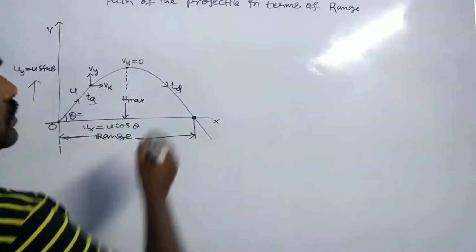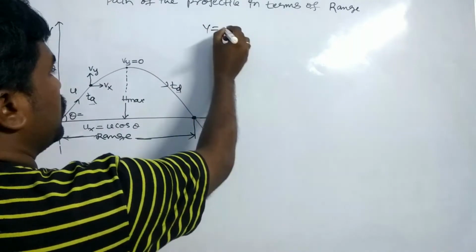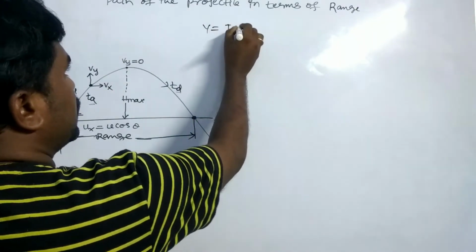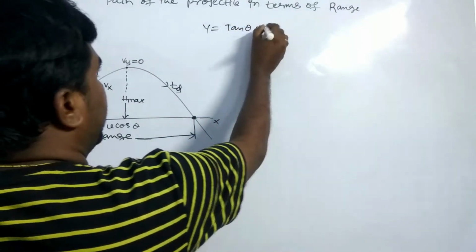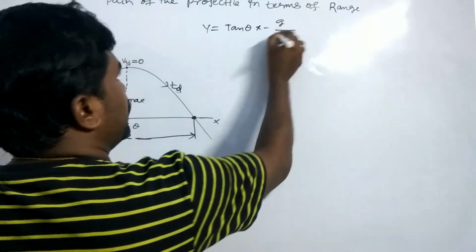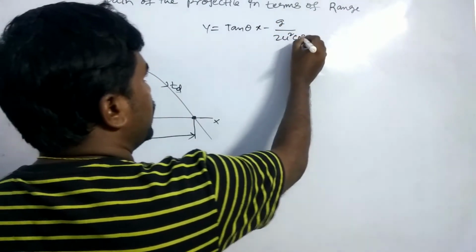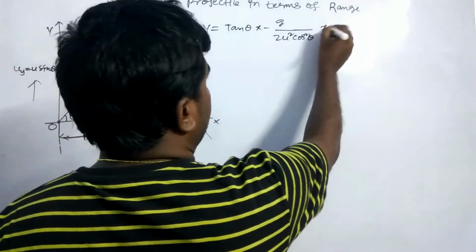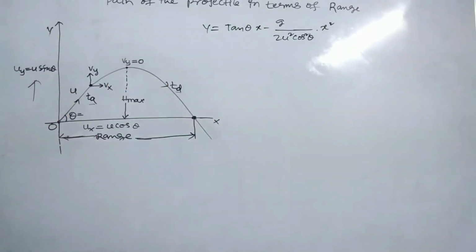So the path of the projectile is y equal to tan theta x minus g by 2u square cos square theta into x square. So this is the path of the projectile. We have to show the value in terms of range, in terms of capital R.